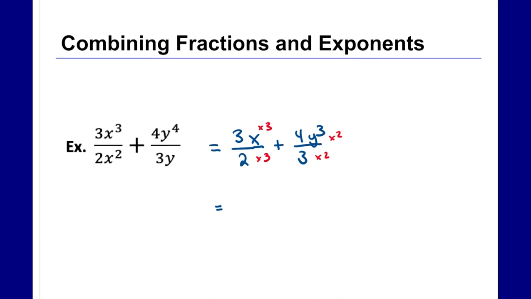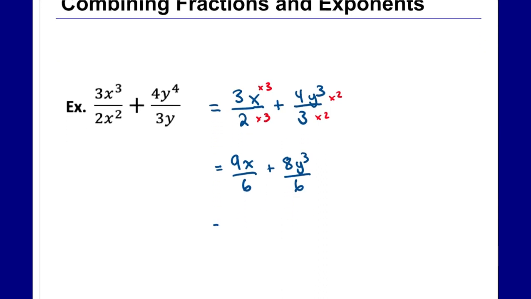I'm going to multiply the coefficients, so similar to when we're dealing with mixed radicals, coefficient times coefficient, we get 9x over 6 plus 8y cubed over 6. I can add my numerators, so 9x plus 8y cubed, all divided by 6.